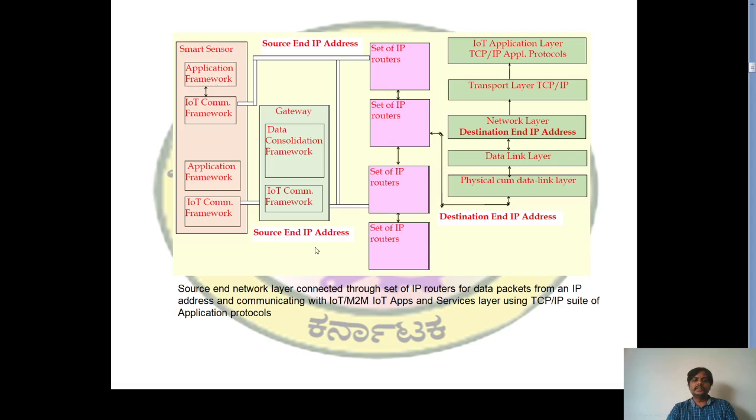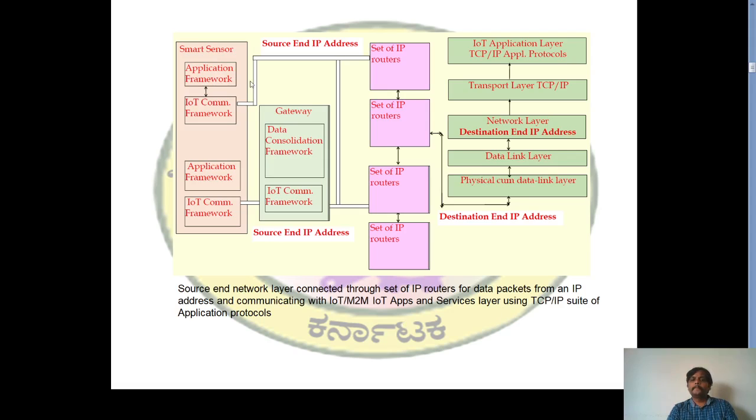Here we can see the source and network layer connected through a set of IP routers for data packets from an IP address and communicating with the IoT or M2M IoT apps and services layer using the TCP/IP suite of application protocols.